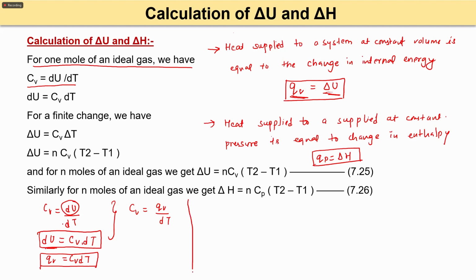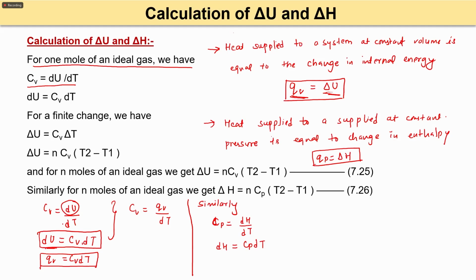Similarly, Cp is equal to dH by dT, and if we calculate dH, we will get Cp into dT.